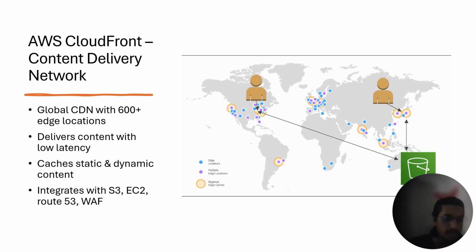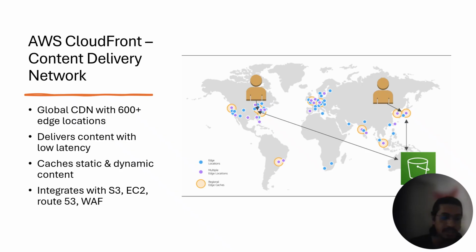Okay. It uses a global network of locations to cache the content close to the users. CloudFront is ideal for streaming services, websites, mobile apps, and any platform requiring fast content delivery, especially for video streaming, watching a movie online, or going live.